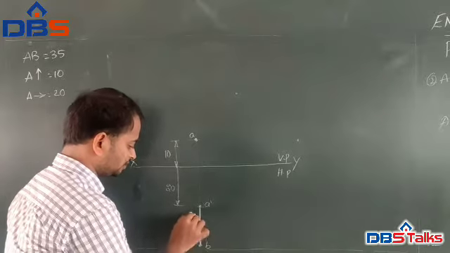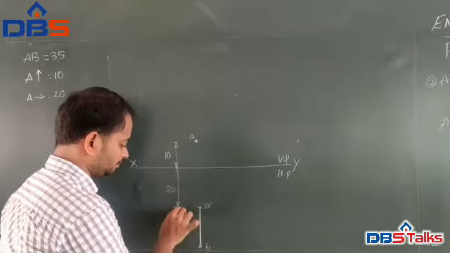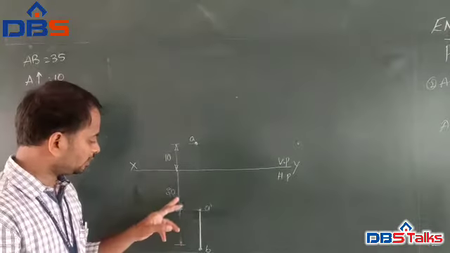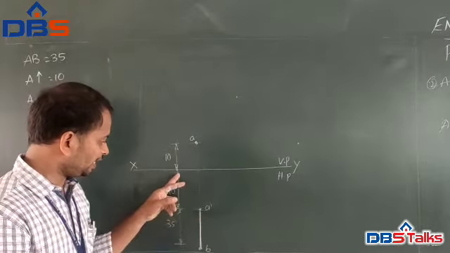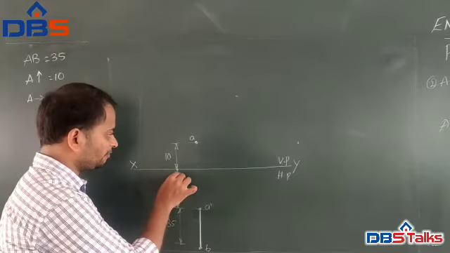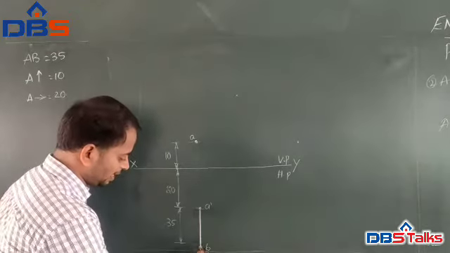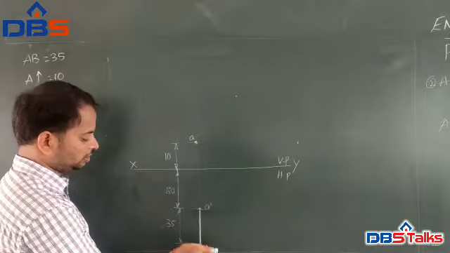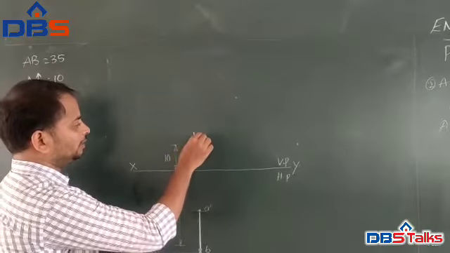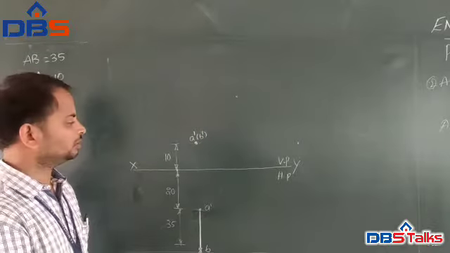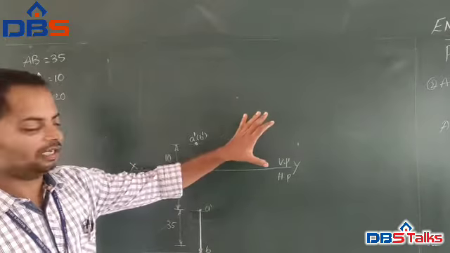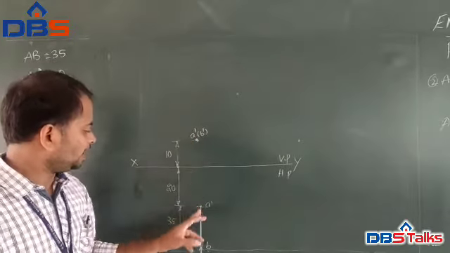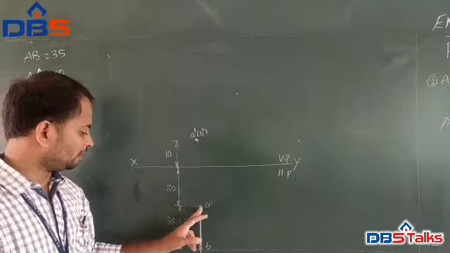The length is 35 mm, and the point A is 20 mm in front of VP. Then here it is the top view, and we have to show the front view, which is at a point A dash, B dash. So from the given data, you just represent the values of point A, point B and the length of AB.